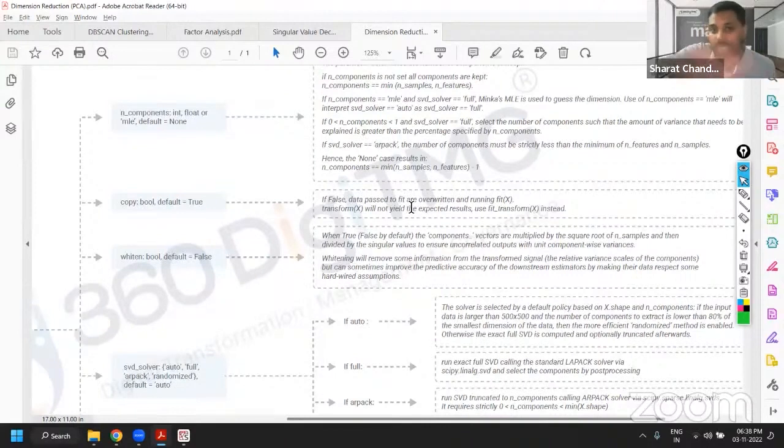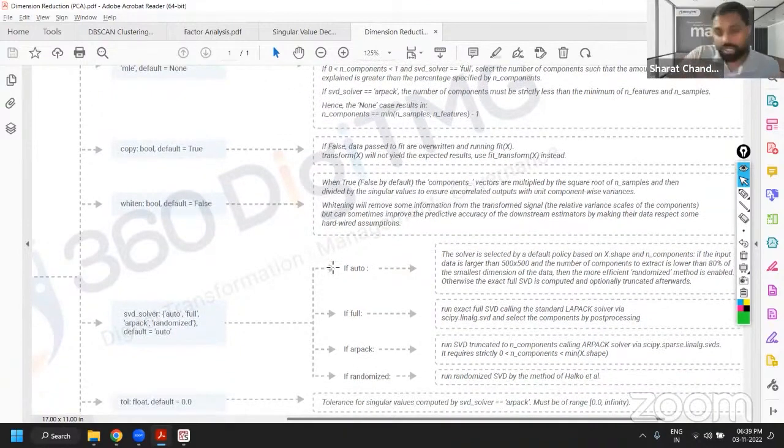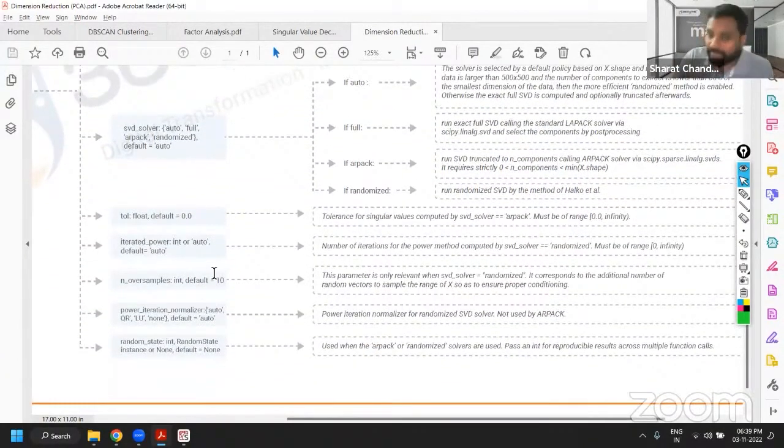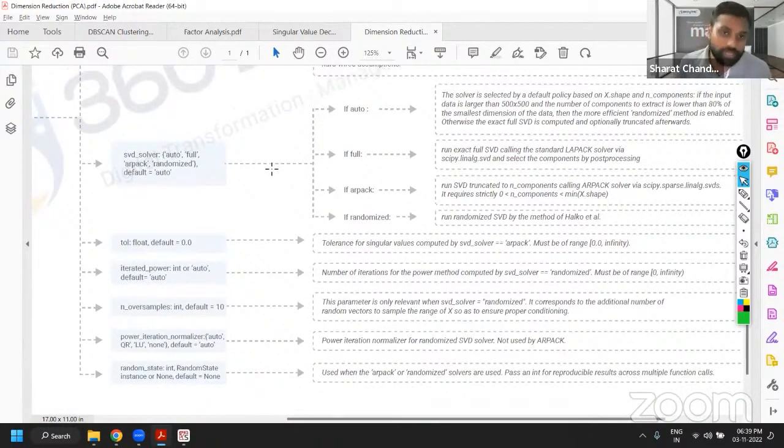That means you're going to get the transformed data, and the original data will be overwritten. This is not going to impact much, but it is also one of the parameters. Do you want to show the original data also, or do you want to just see the transformed data? So that is one of the options. Likewise, you can see various other options. You can deep dive into each of these options and experiment, depending on the time frame that you have for your project.